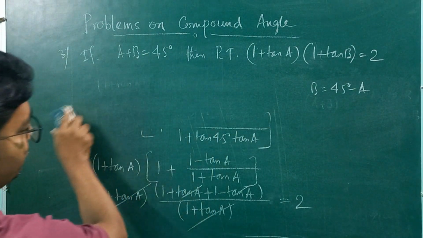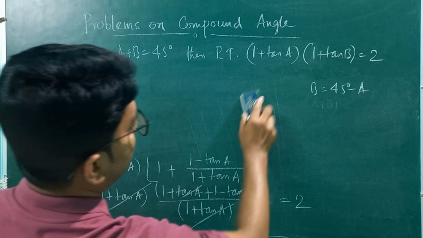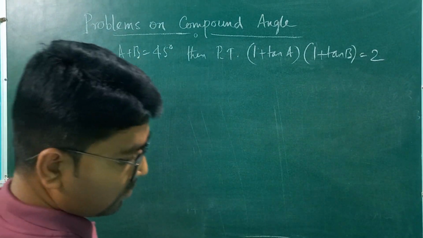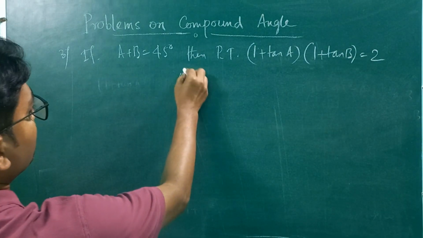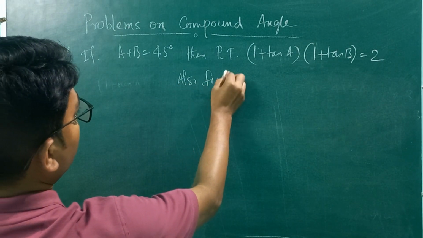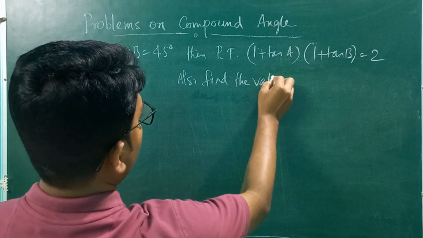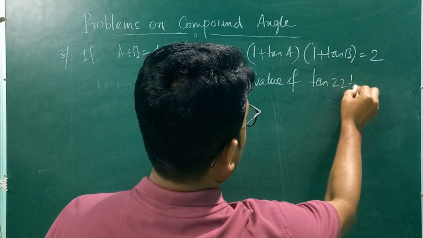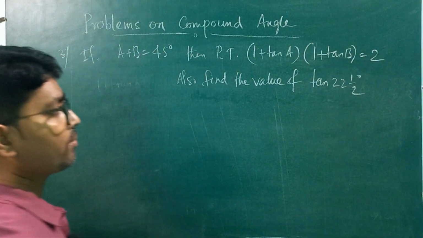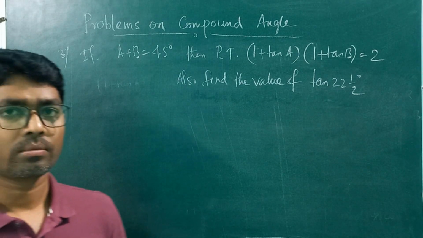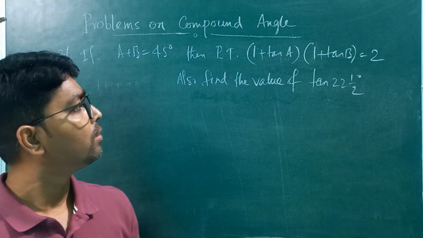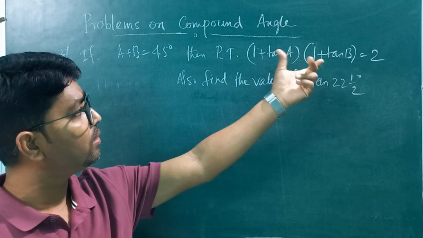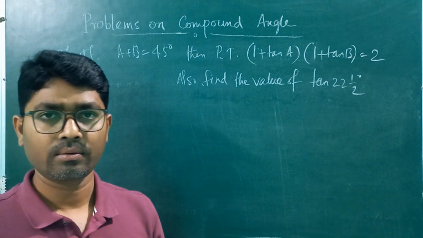Here another question is also given. Also find the value of tan 22 and half degree. In the same question, how can we calculate tan 22 and half degree using this relation?